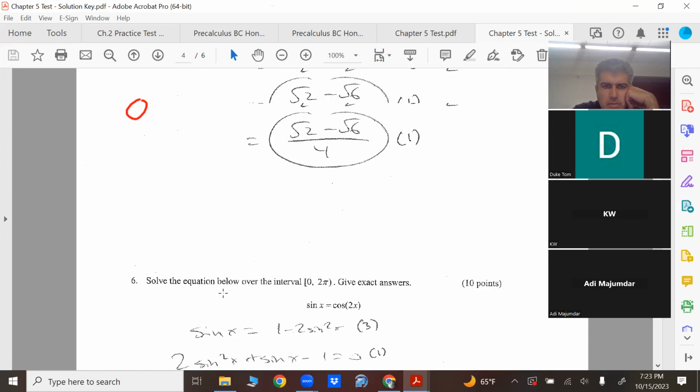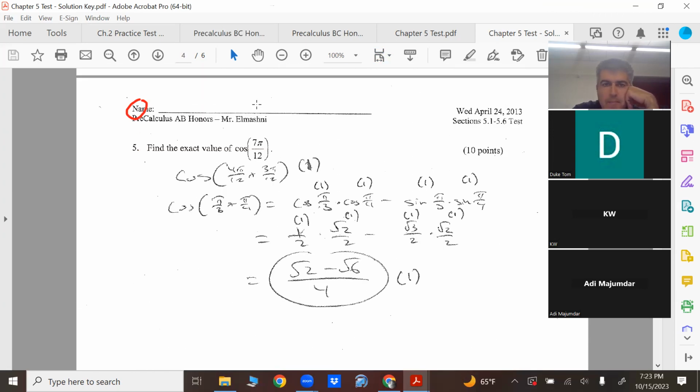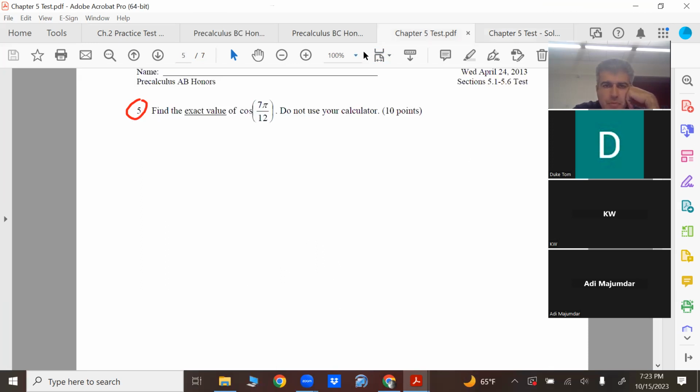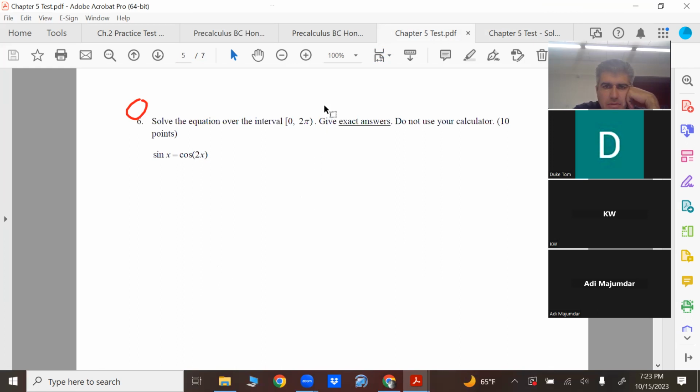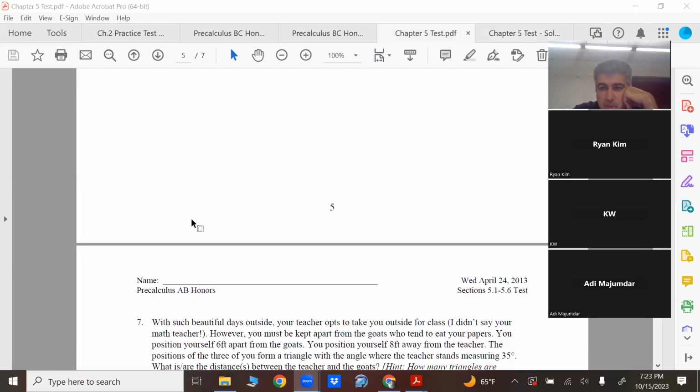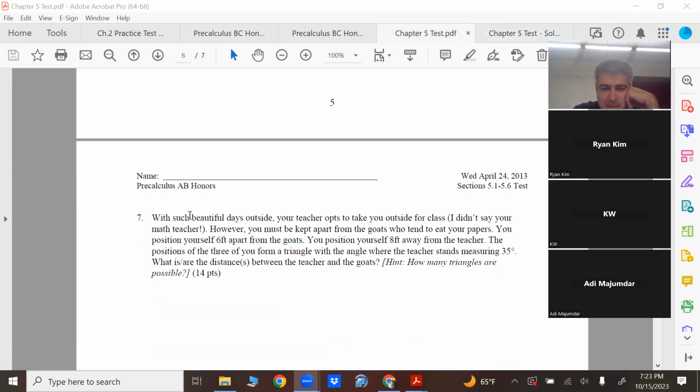There we go. Yeah, okay, we got it. Do you need to rationalize it? The denominators are rationalized anyway. I mean, you can rationalize the numerator, then you have a radical in the denominator. I mean, it's up to you.